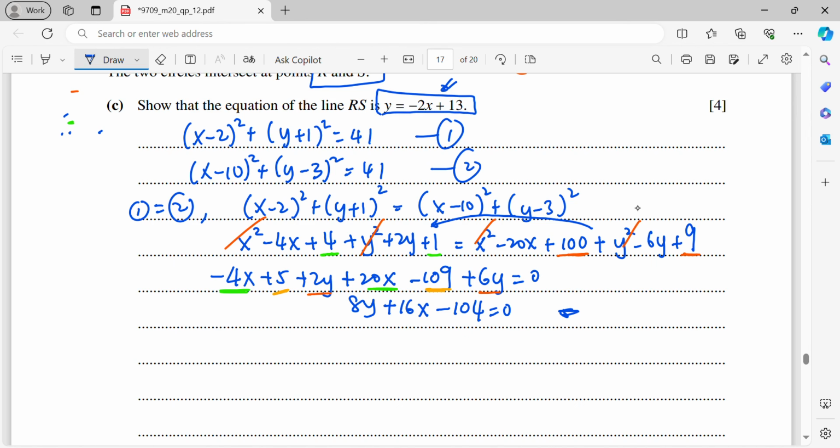So now I rearrange first. 8y is -16x + 104. So when I divide the whole equation by 8, I'll get y equals -2x + 13. So that is my line. Right, so this is the line of RS.